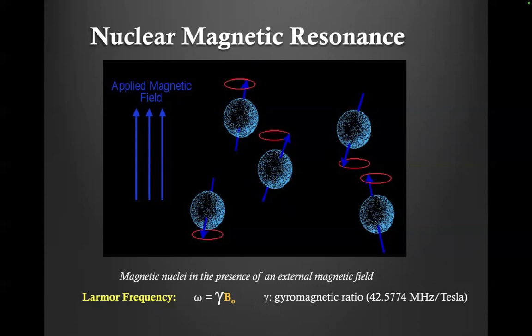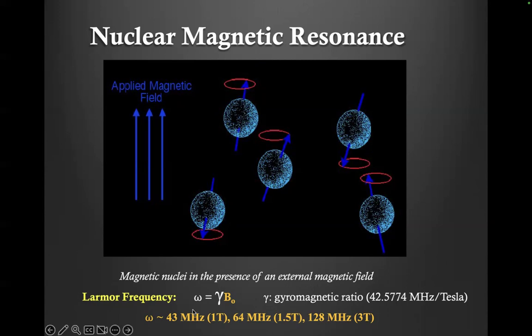How fast these little spins spin depends on the gyromagnetic ratio, as well as your B0, which is your main magnetic field. So you can imagine this speed differs if you go into a 1 Tesla scanner, a 1.45 Tesla scanner, or a 3 Tesla scanner.